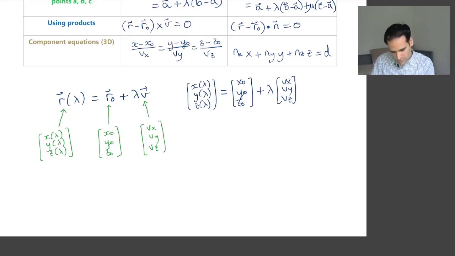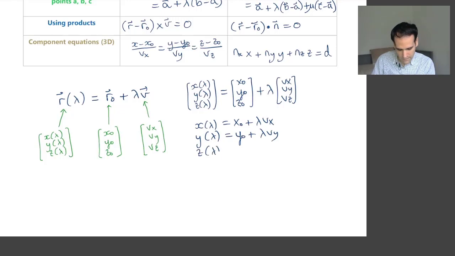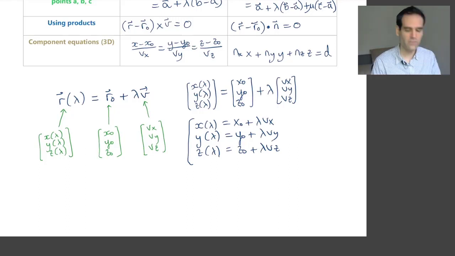So this would be x of lambda equals x0 plus lambda vx, then y of lambda equals y0 plus lambda vy, and z of lambda equals z0 plus lambda vz. So the parametric form is just a way of saying three equations at the same time.